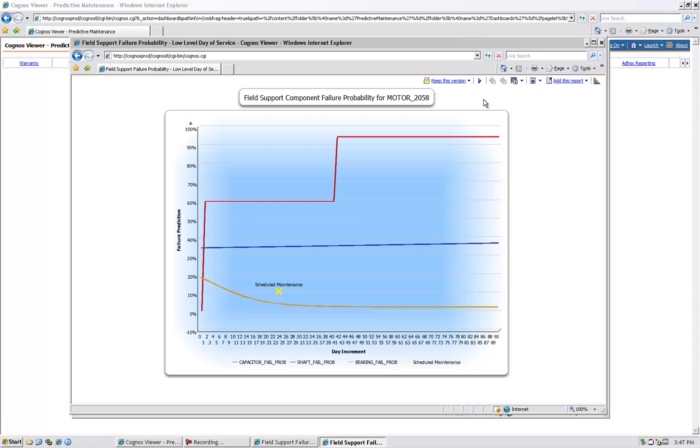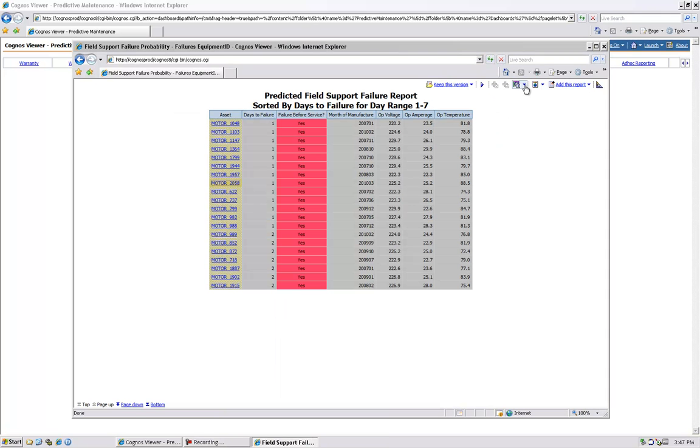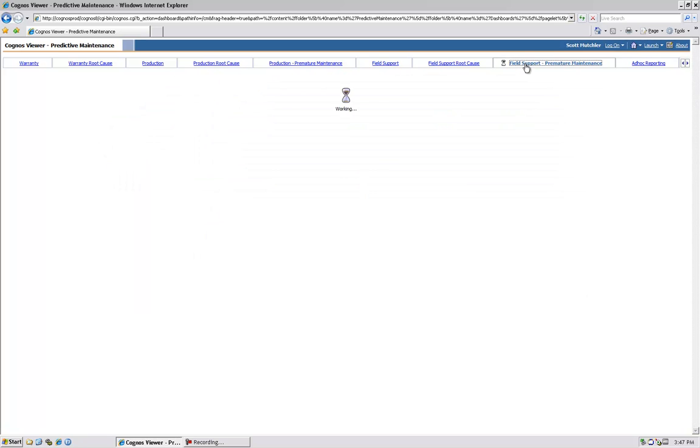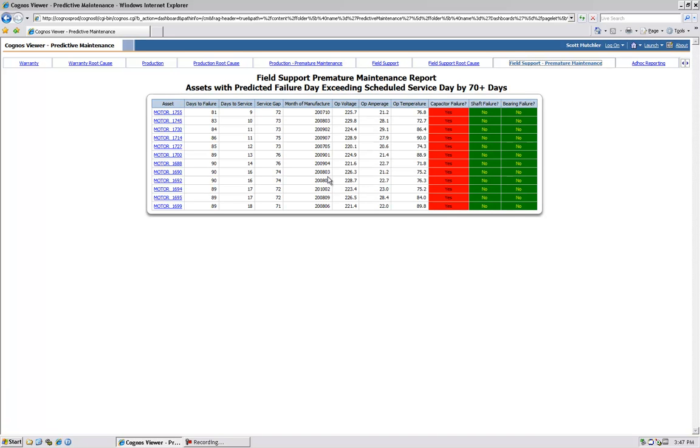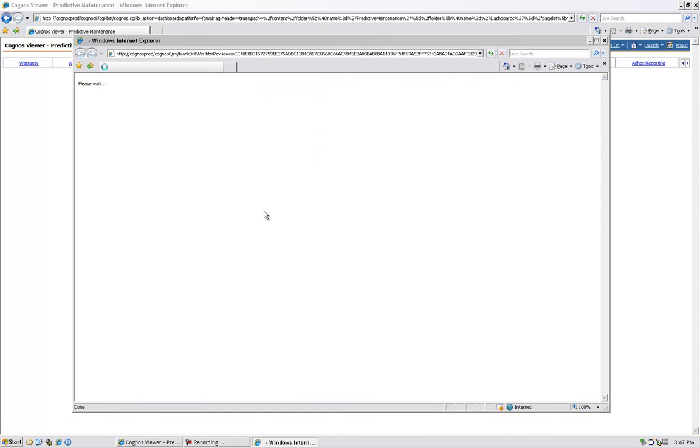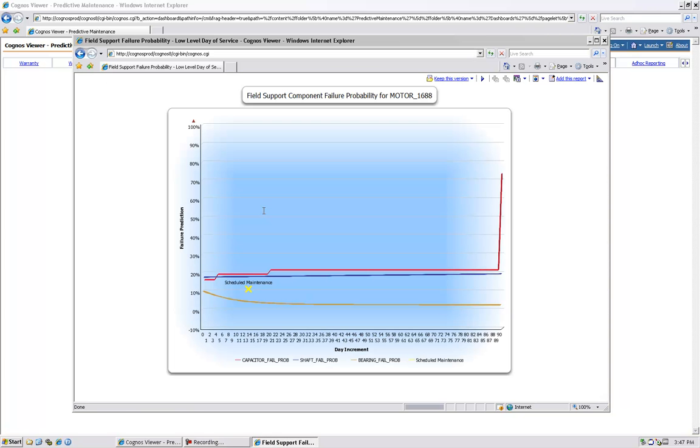The converse of this would be places where we are performing maintenance way too early, well before any predicted failure. So if we look at motor 1688 here, again, we'll look at a similar chart.